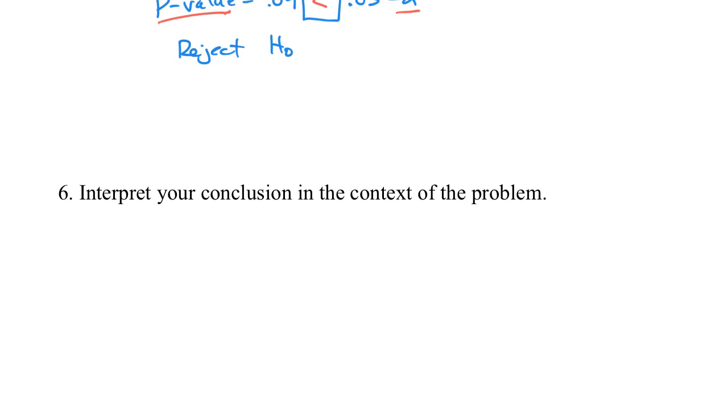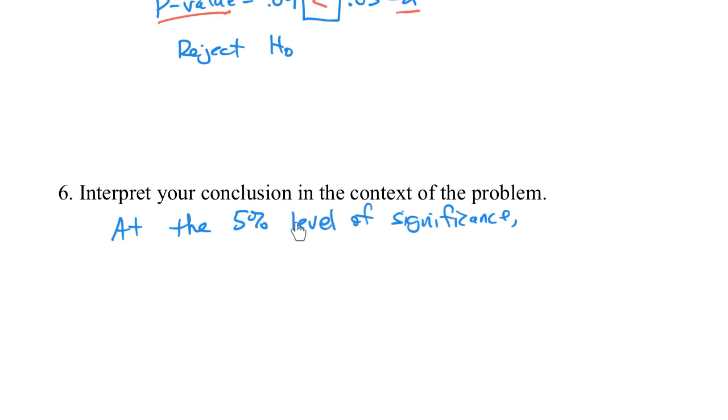So we always have to start off mentioning what our level of significance was. And this problem makes it really clear why. So I'm going to say at the 5% level of significance, comma. Now look what happened though here. If this had been a 0.01, then 0.04 would be greater than that, and we would not have rejected H0.